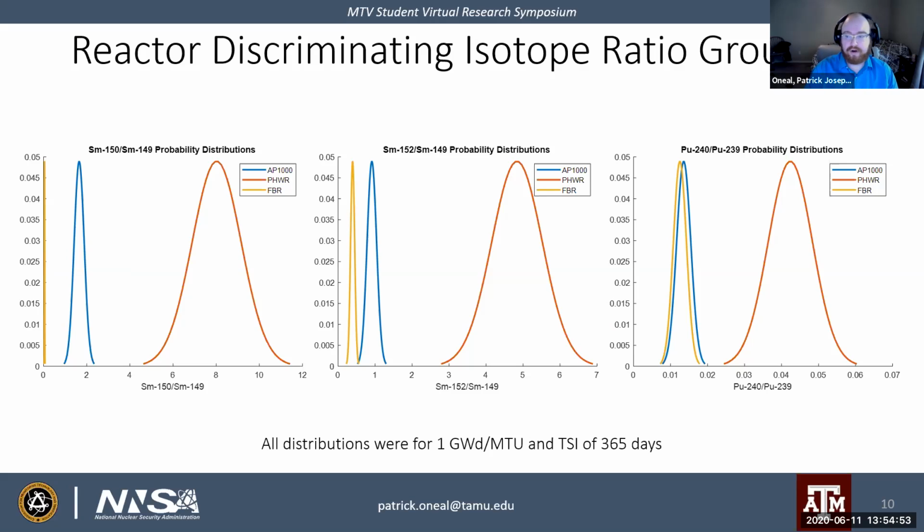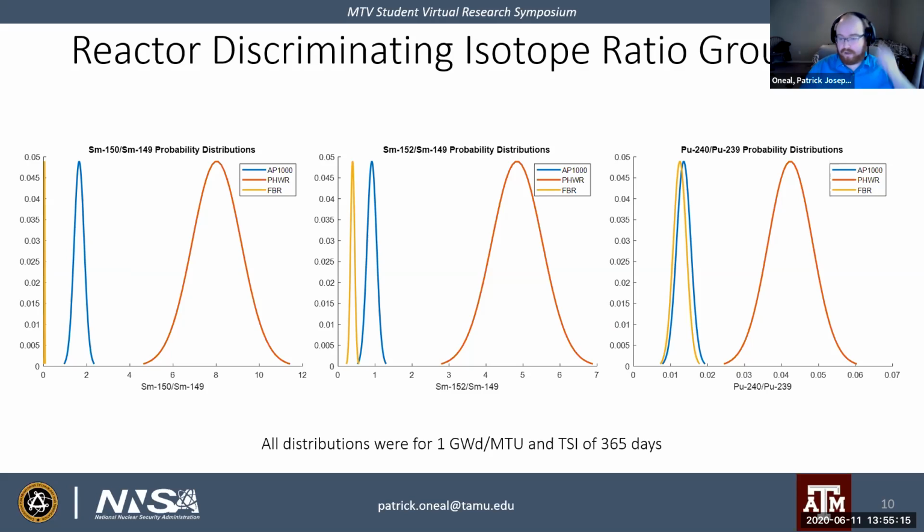In the plutonium, there is obviously overlap with the AP1000 and the FBR, but we're okay with that because the FBR in most of the other ratios is very different from the AP1000 and the PHWR. So our difficult thing to resolve is the difference between AP1000 and PHWR. So we're okay with that.